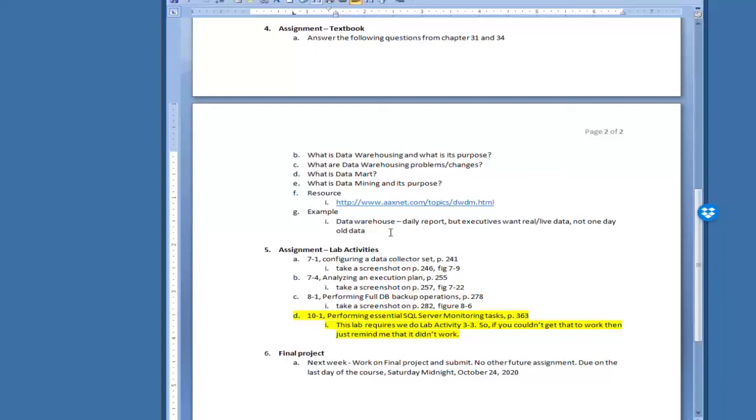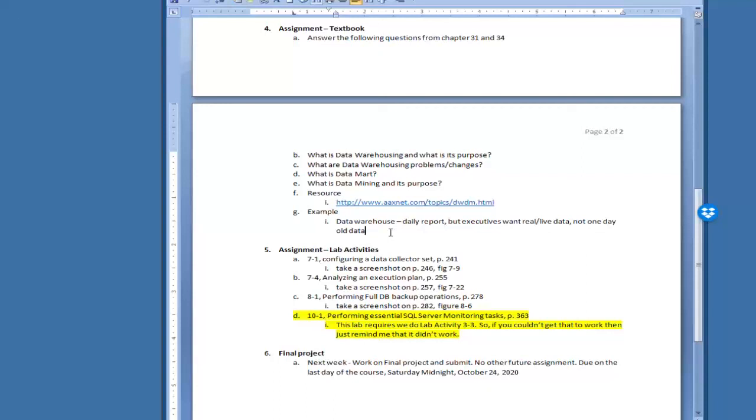That's because when you run a report against the live data, your report would be different because the data is changing. But if you run against the data warehouse, you should get the same result because it is fixed, right? You collect all the data, you freeze it, and then you run the report. We do that so that you will have confidence in your actual report and that it ran fine.